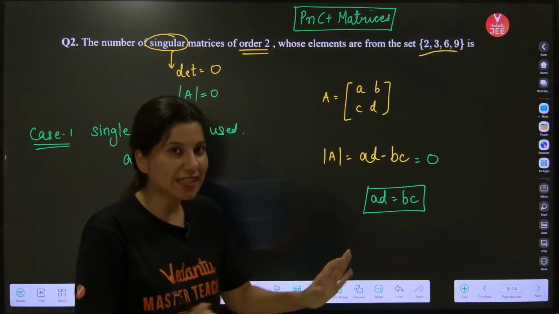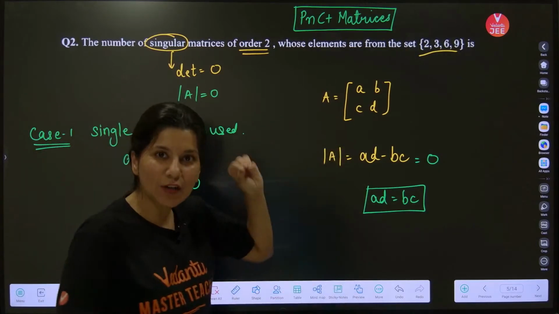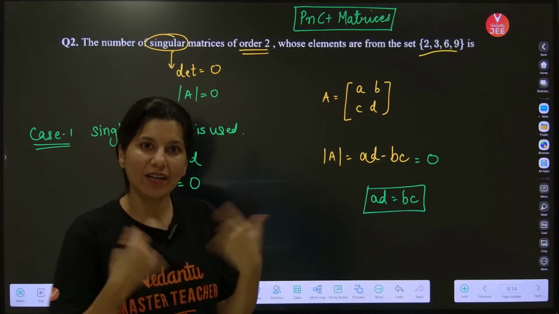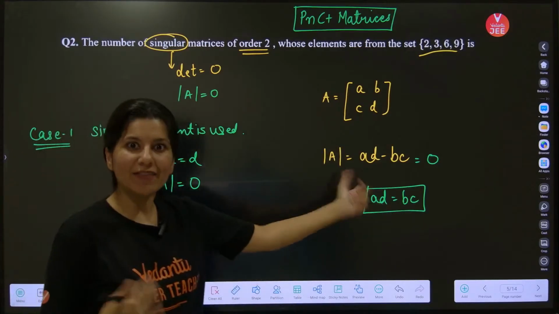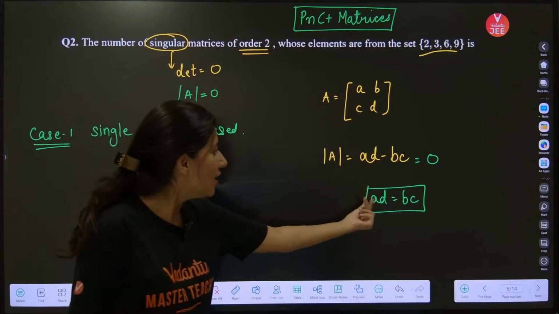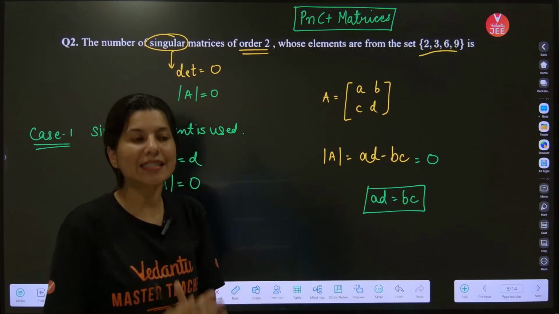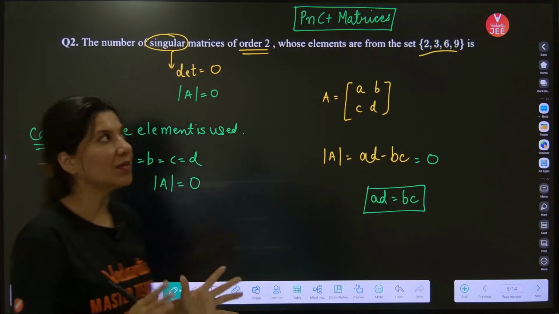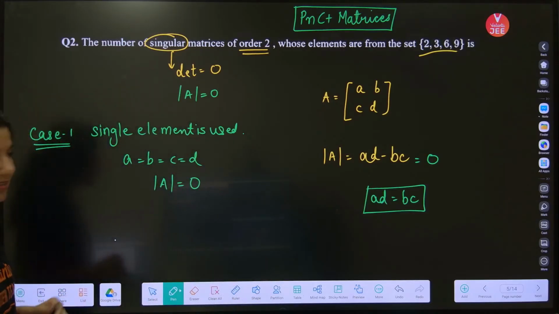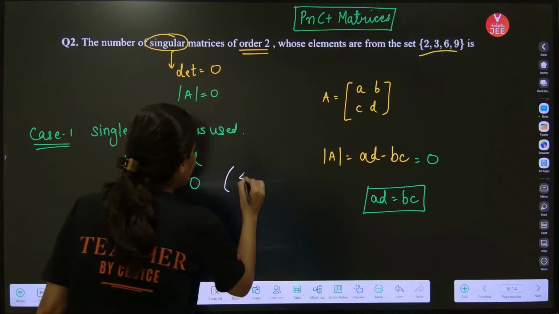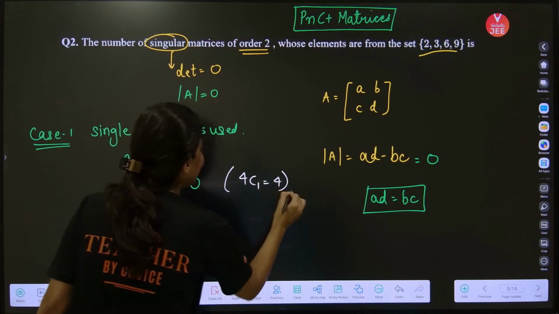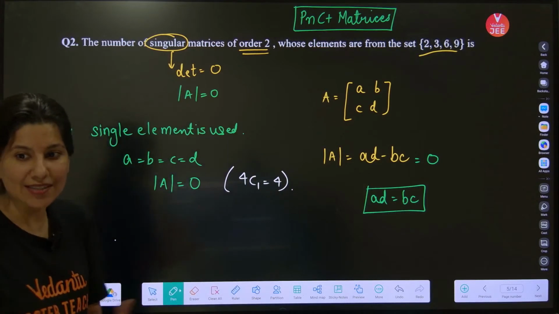If all are 2, then definitely determinant A is 0, because 2 twos are 4 equals 4. If all elements of a 2 cross 2 matrix are the same, the determinant is 0 and it is a singular matrix. So the calculation is 4C1, that is 4. So 4 such matrices will exist.